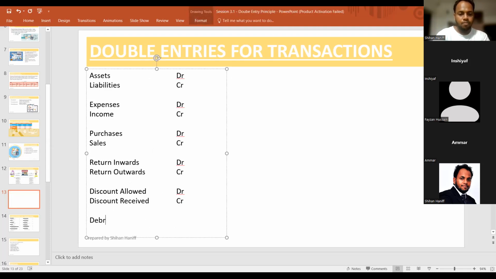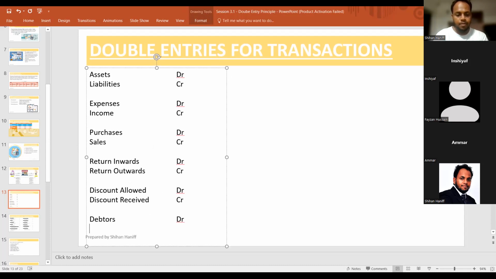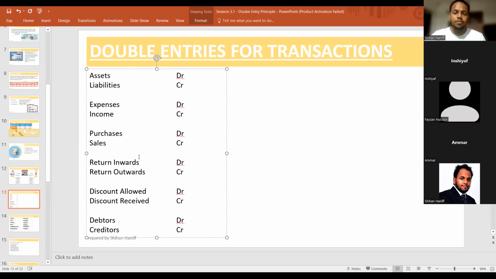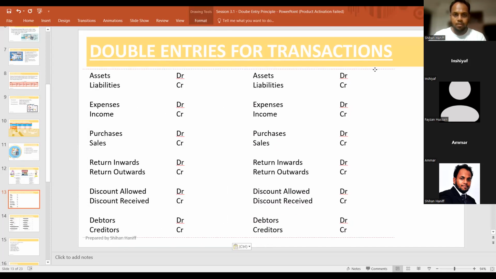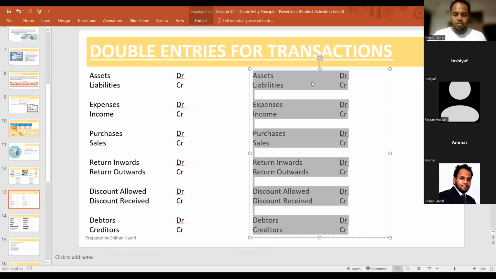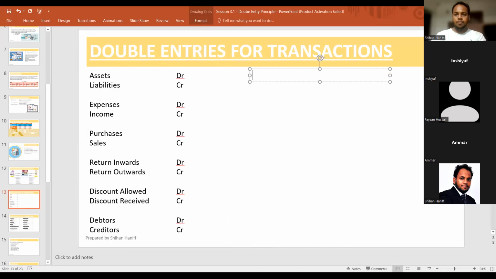These are common ones, okay? Debtors debit, creditors credit. All these are increase for increase, okay?